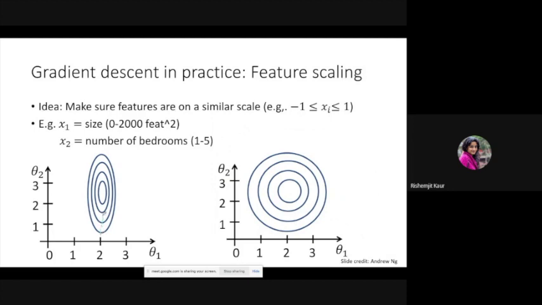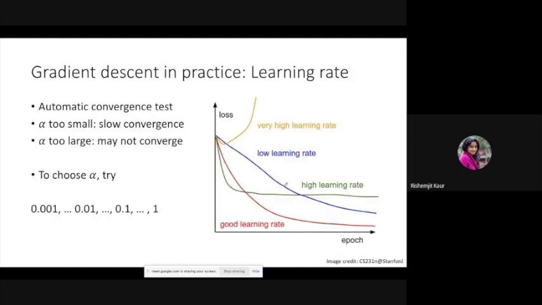It actually slows down the whole process. So what we do, as I showed you, is scale it between 0 to 1, or say -1 to 1, or use standardization scaling so that it becomes similar in all directions, and it becomes easier for our gradient descent to find the optimal value. So this is the importance of feature scaling. We are doing it so that our learning algorithm can work more efficiently, right?